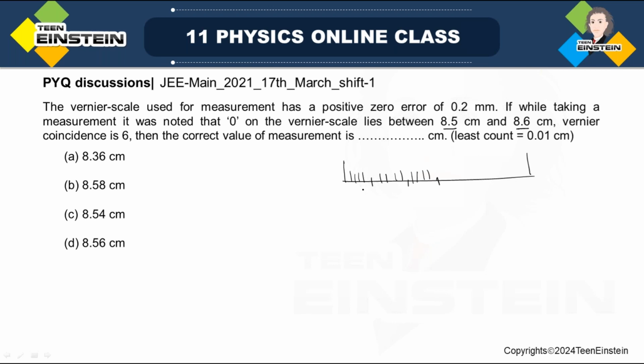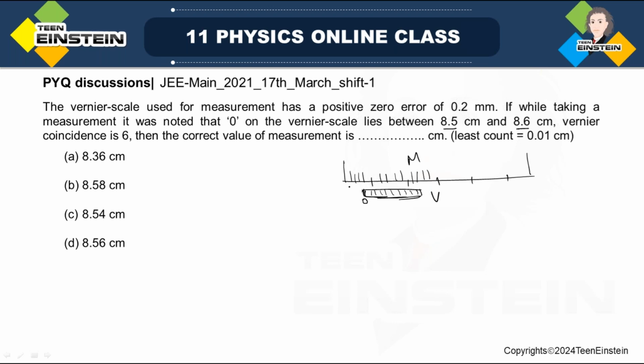Say you have vernier scale which can be movable. So vernier 0 is here somewhere. So this is the vernier and this is the main scale. So how is the main scale reading taken? Do you know that?